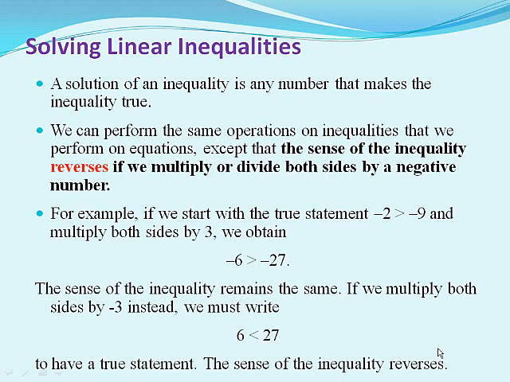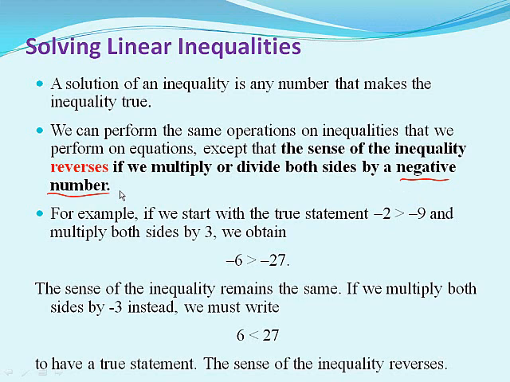Solving linear inequalities. A solution of an inequality is any number that makes the inequality true. We can perform the same operations on inequalities that we perform on equations, except that the sense of inequality reverses if we multiply or divide both sides by a negative number.